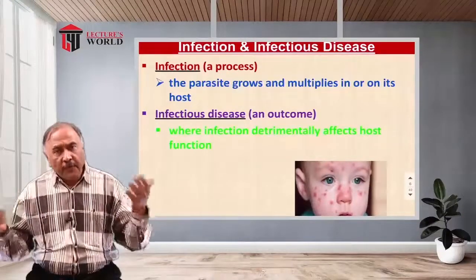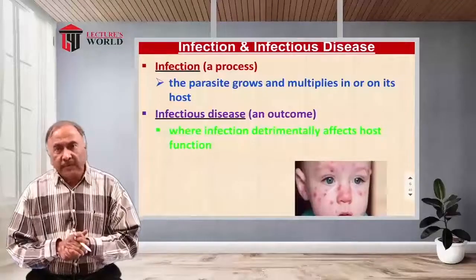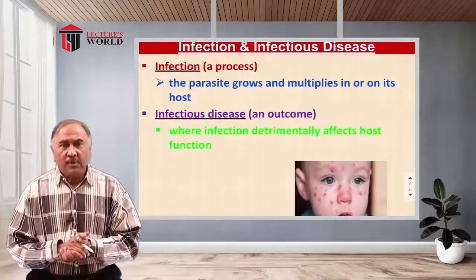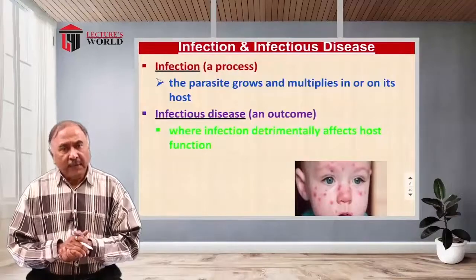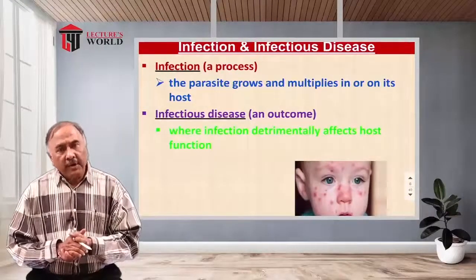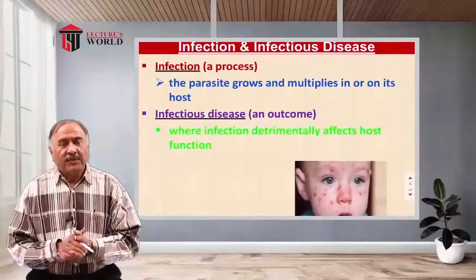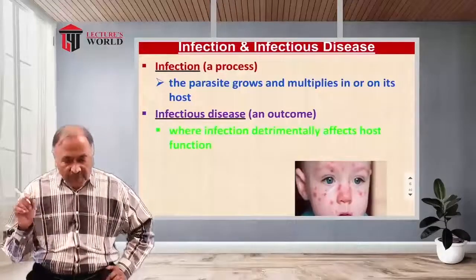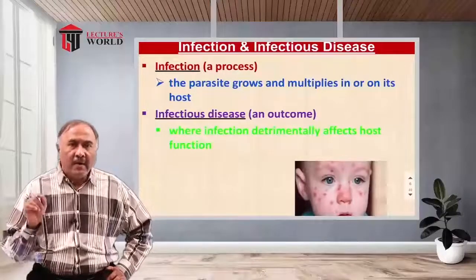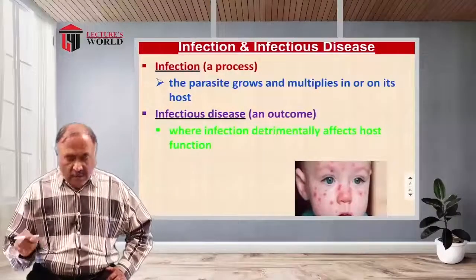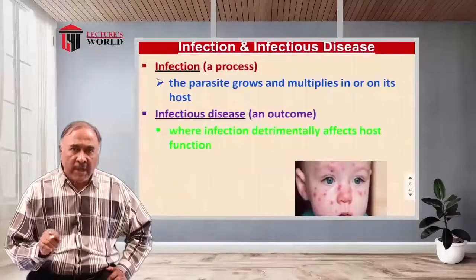The world is full of microorganisms. They are omnipresent. So you cannot leave it in isolation. And therefore, every individual, we can say, is infected. So infection is a process. And what is the process? When an organism grows and multiplies in or on the host, it is known as infection.